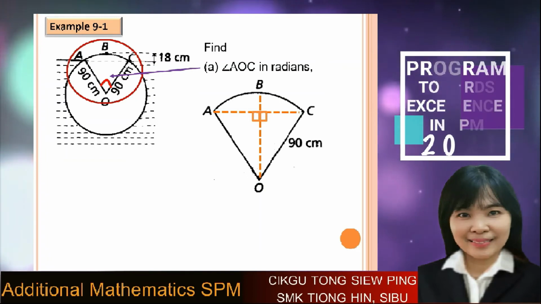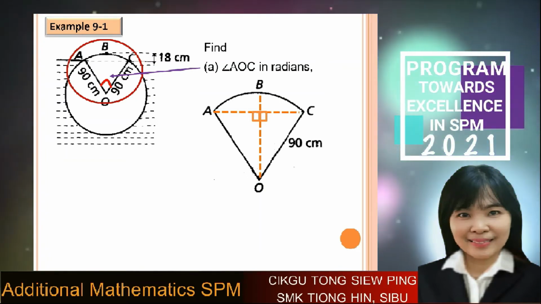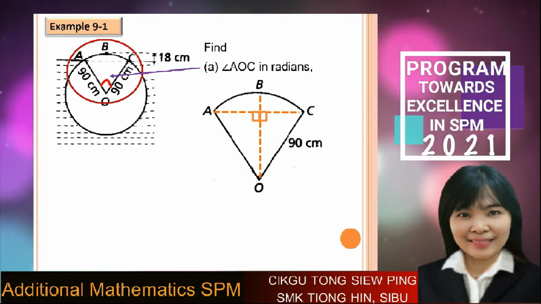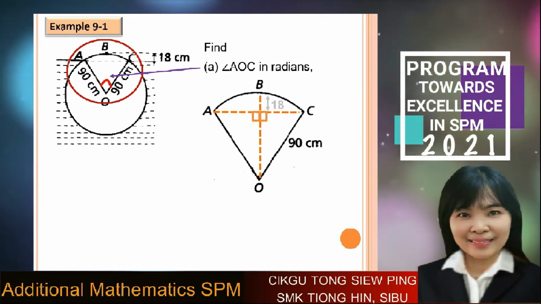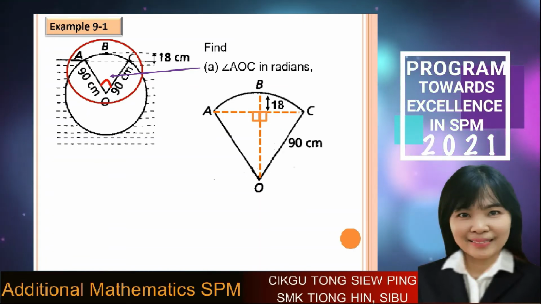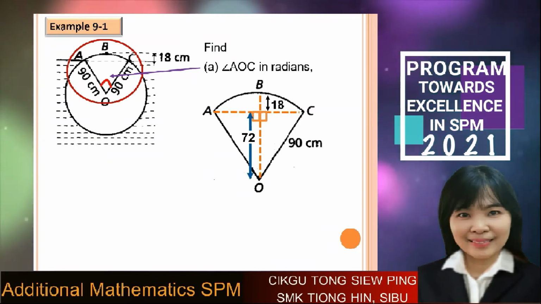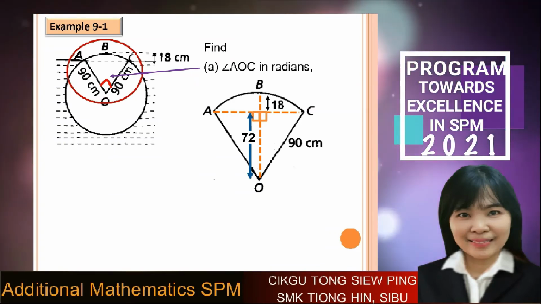From the question we know that the radius of the circle is 90 and the height from the point B to the chord AC is 18. Therefore, the height from the chord AC to the center O will be 90 subtract 18, that is 72.